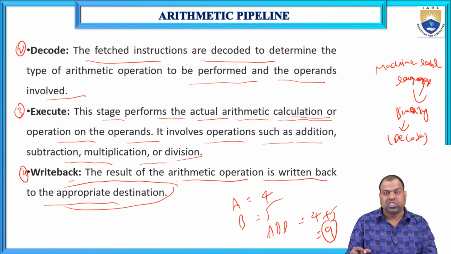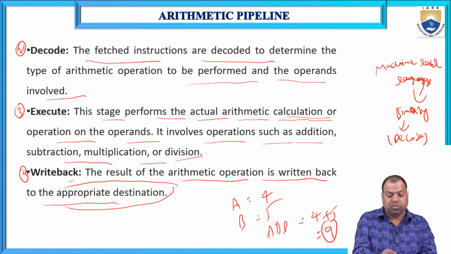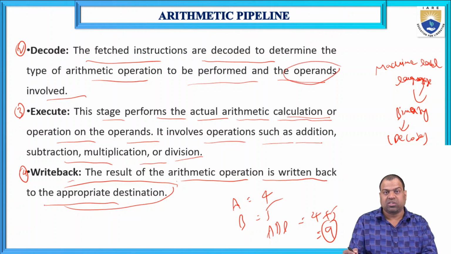Decoding means after fetching the instruction from memory, we are decoding, converting the binary to determine the type of arithmetic operation I have to perform and what operands are mentioned in the instruction. And execution means after completion of decoding, we go for the execution of the instruction to perform the arithmetic operation. So is it addition, subtraction, multiplication or division?